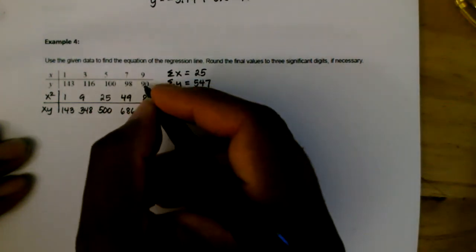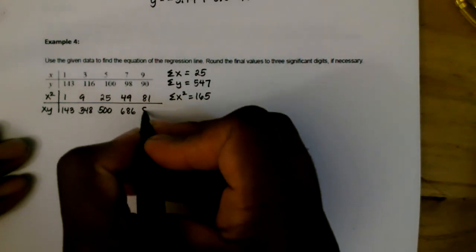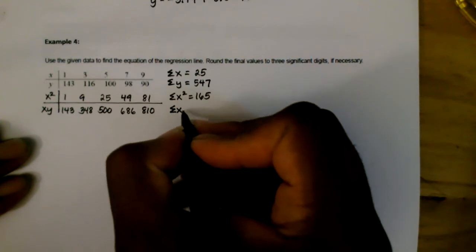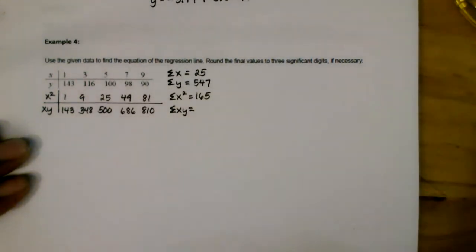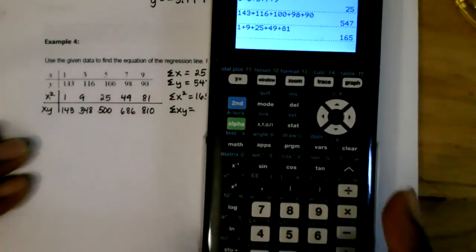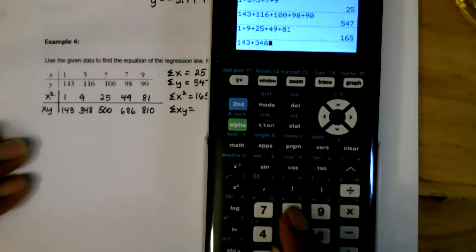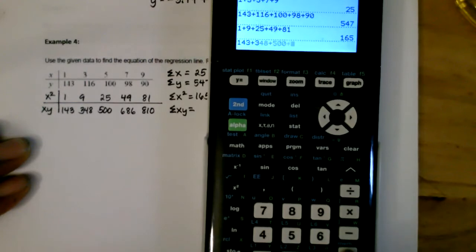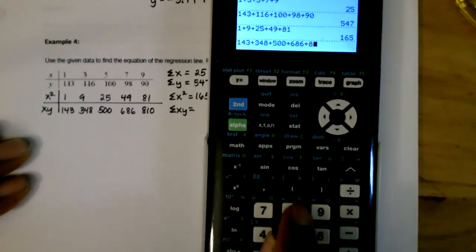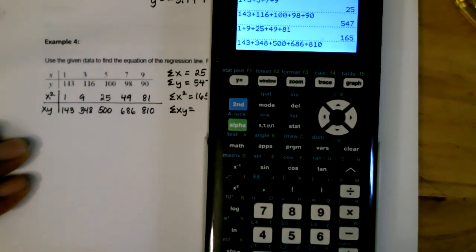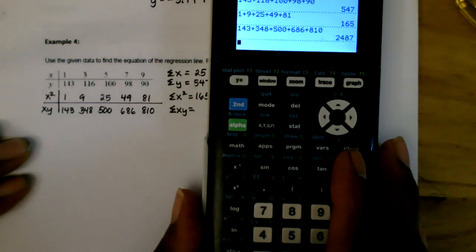And then finally, 9 times 90 would be 810. So I need to find the sum of the x times y values. So we add 143 plus 348 plus 500 plus 686 plus 810. This will give me 2,487.